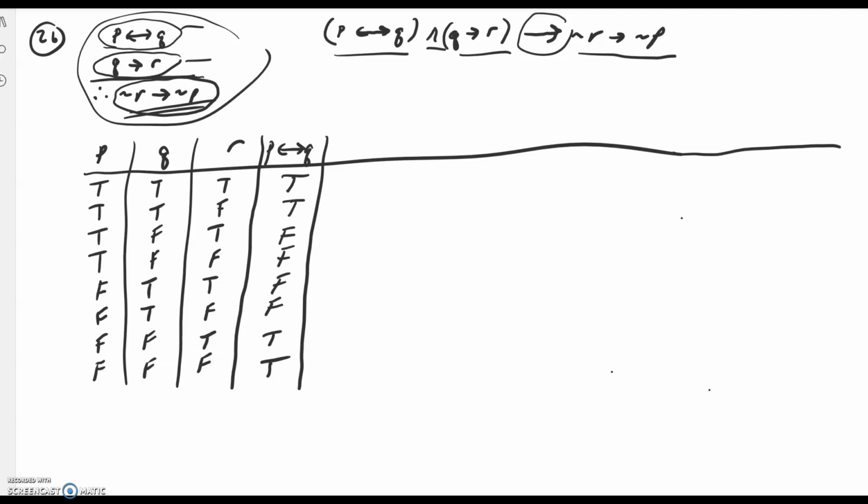And then we need, let me just double check. Yeah, Q implies R. And we know that this is false when Q is true and R is false, because that's the broken promise. And we have that here, and we have it here, and I don't see it anywhere else.